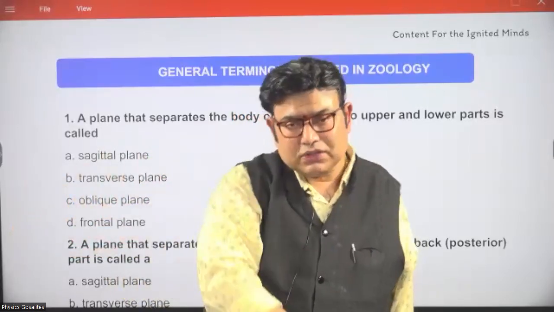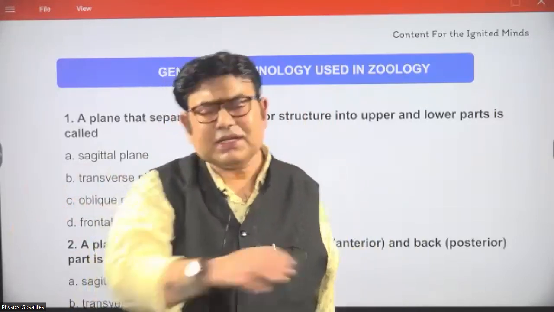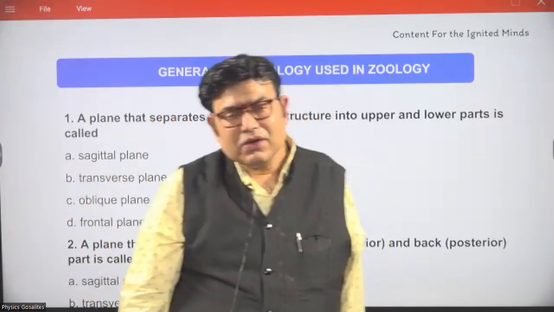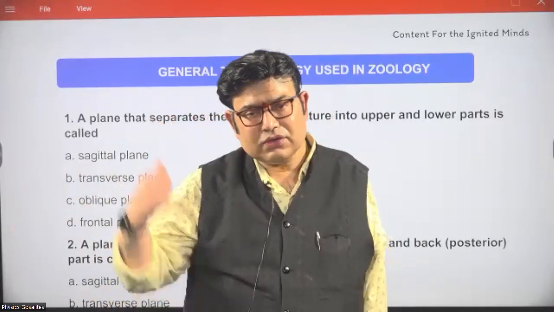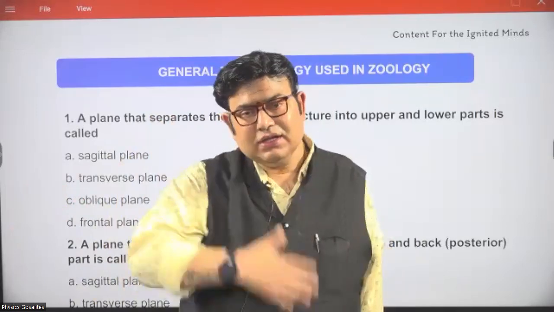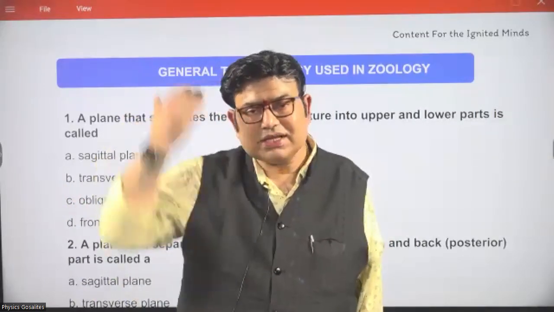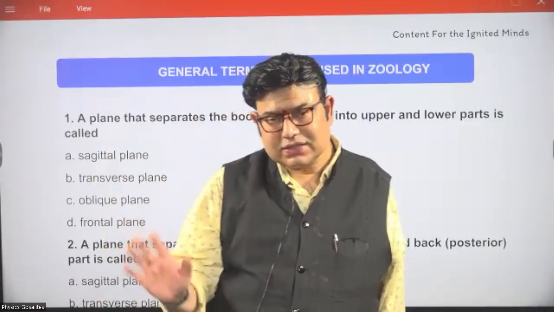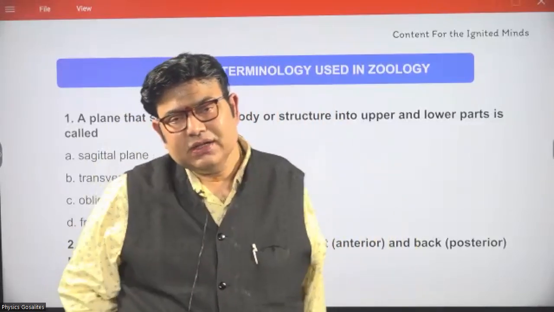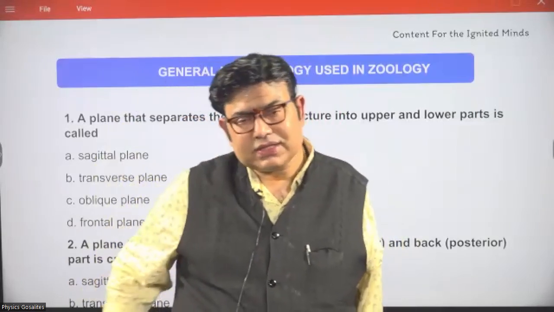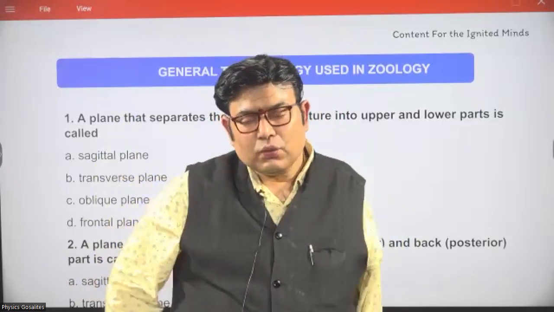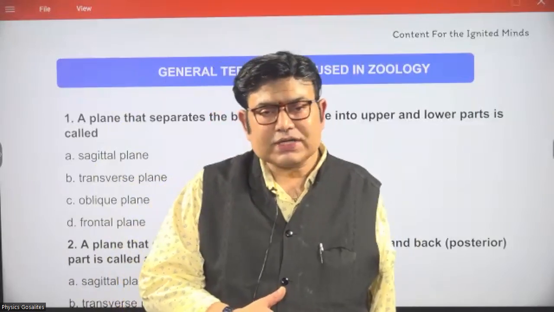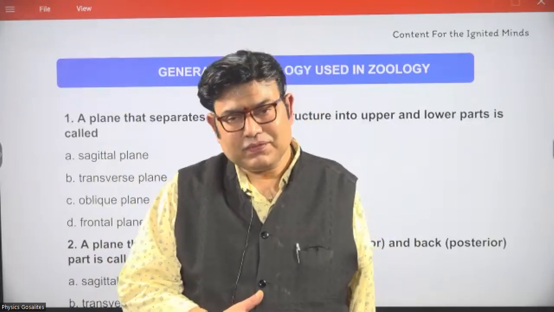I'm doing it with one hand right now because there is some problem with my left hand. So right lateral, left lateral, anterior, posterior, superior, and inferior: 6 terms we have understood. Now, the belly or front side has a term called ventrum.